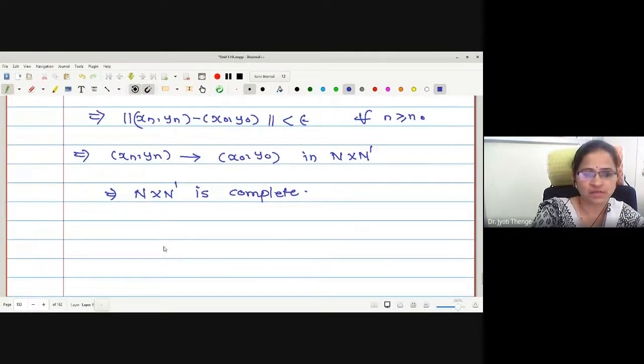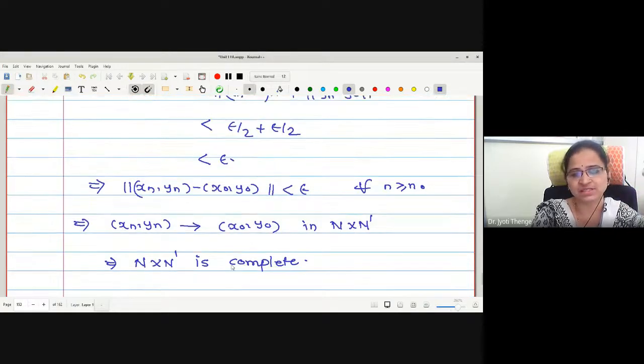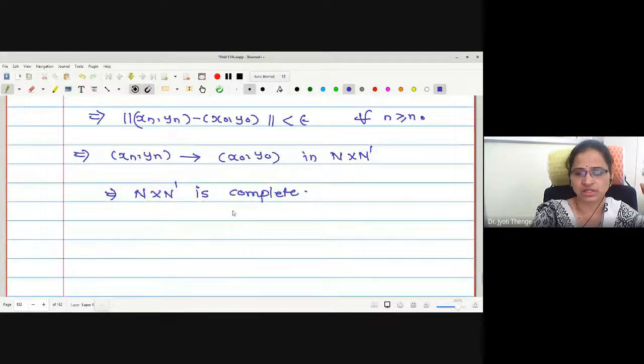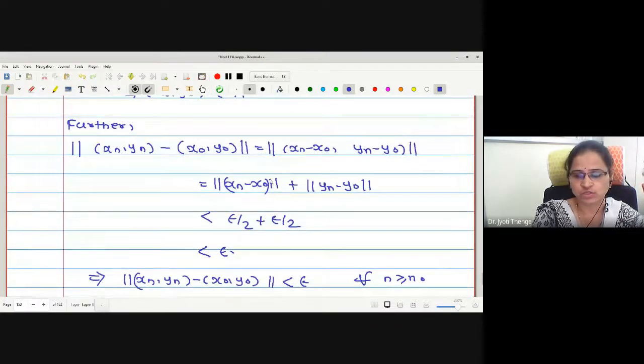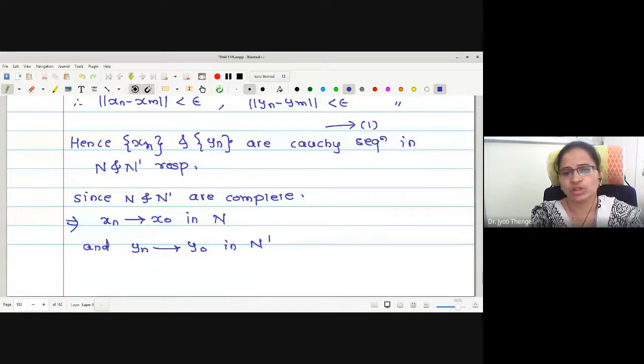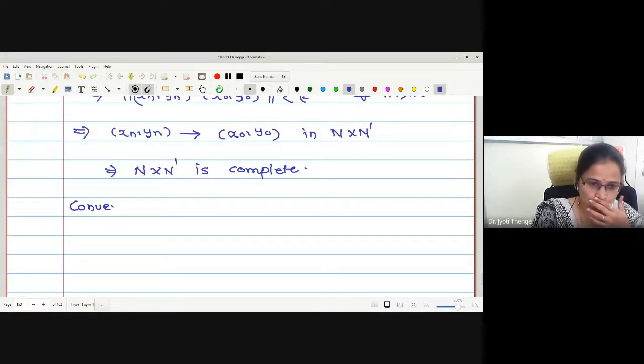In the reverse part, our assumption will be n cross n dash is complete, and the aim is to show n and n dash are separately complete. What one has to do is simply reverse the steps. That is, we will start with n cross n dash is complete. Both these two norms will be less than epsilon. Further, you can go. By just reversing the above steps, you will get that the converse part is true.